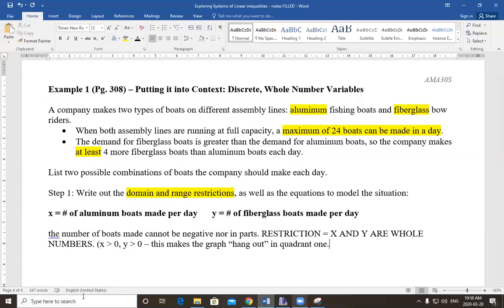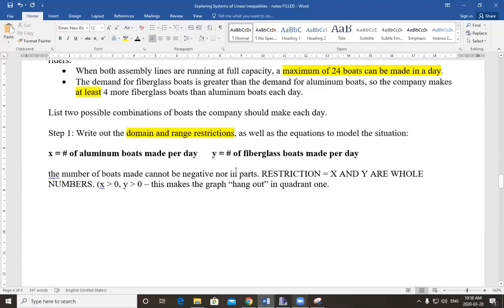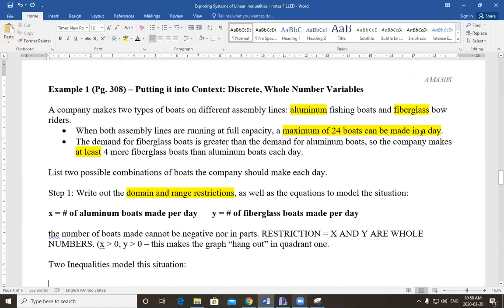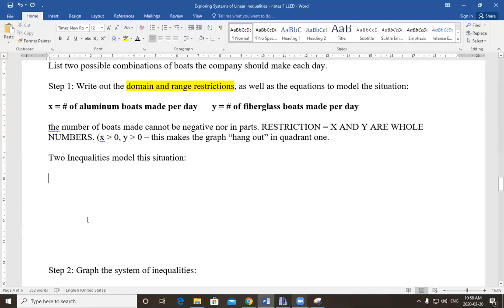Okay, so that's that. Next is the equations to model the situations. We're going to have two inequalities. So two inequalities model this situation. Our first inequality has to do with the maximum production daily.